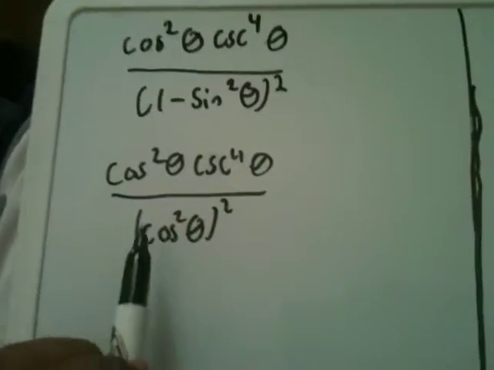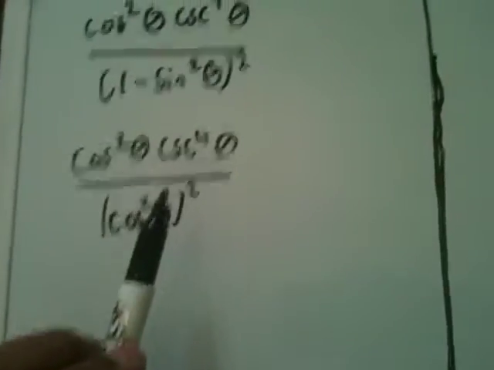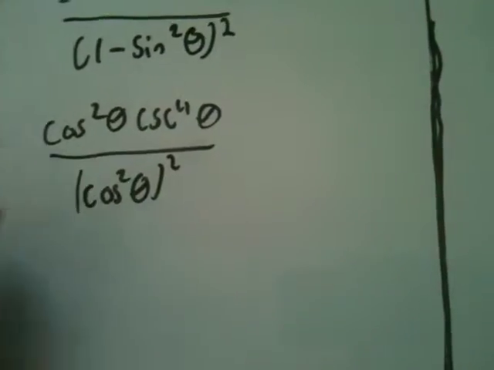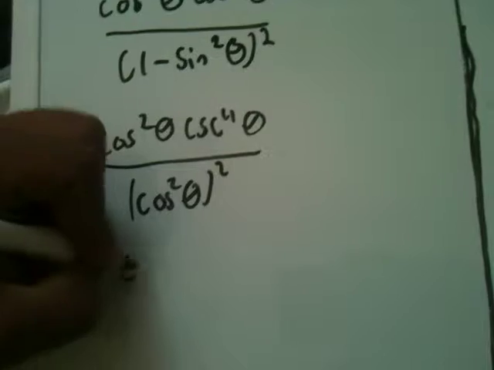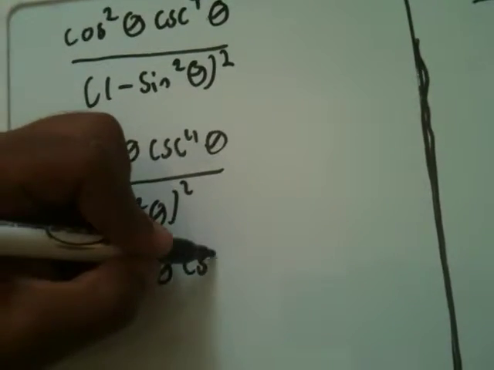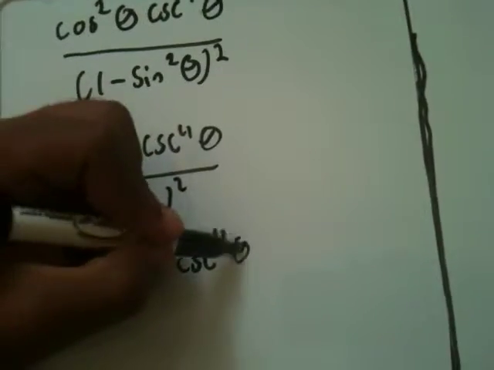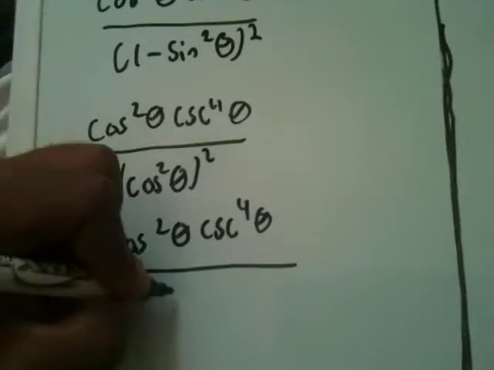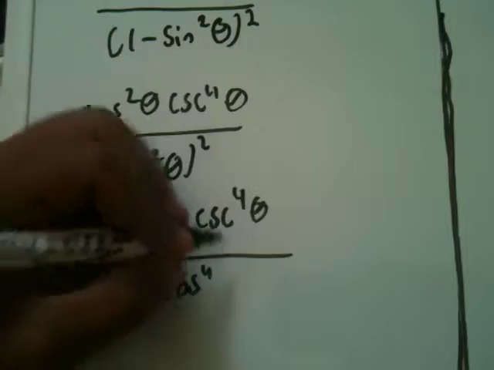And it's just basically cosine squared times cosine squared. Combined powers, that's cosine to the fourth. So that's cosine squared of theta times cosecant to the fourth of theta all over cosine to the fourth of theta.